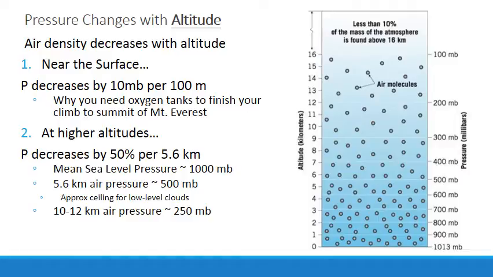At 11.2 kilometers, if we double that again, we're down to about 250 millibars, or 1/4 the sea level value. That decrease is systematic and continues on up the column. So at the altitude at which commercial jets fly, 10 to 12 kilometers, the air exerts a pressure equal to only 1/4 that we would experience at sea level.